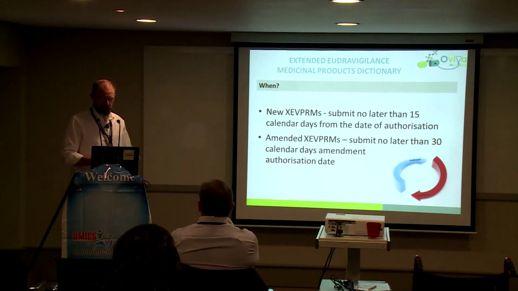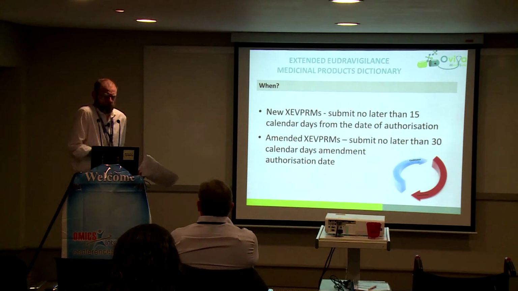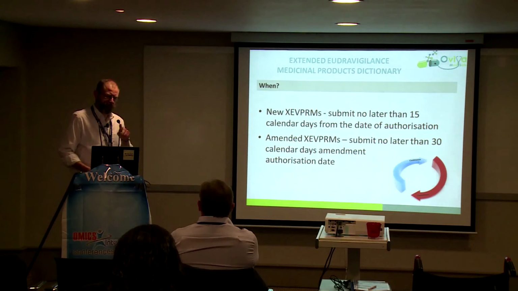Right, so if you have an amended message and you submit to the EudraVigilance and you get that error, and you go back to them and say, well, what's going on, then they give themselves a maximum of 20 days to turn it around.